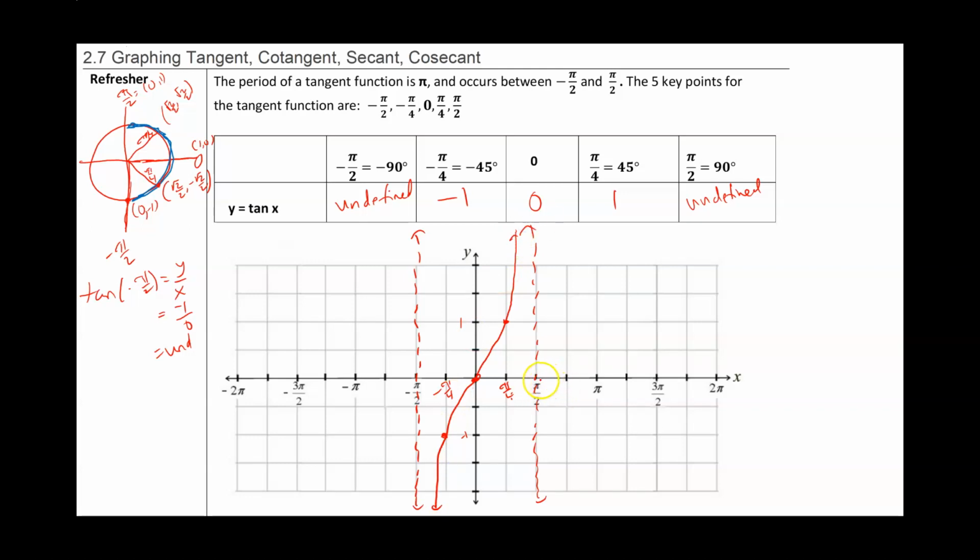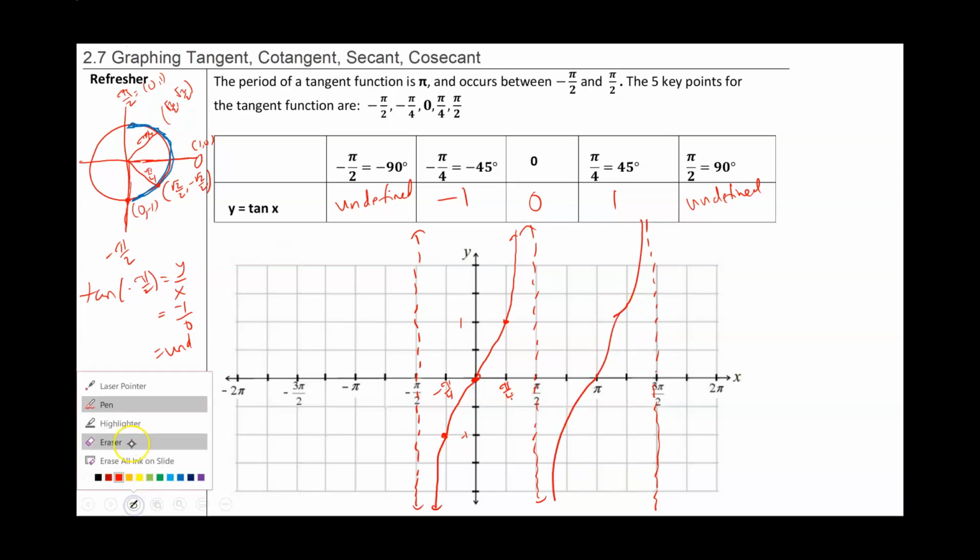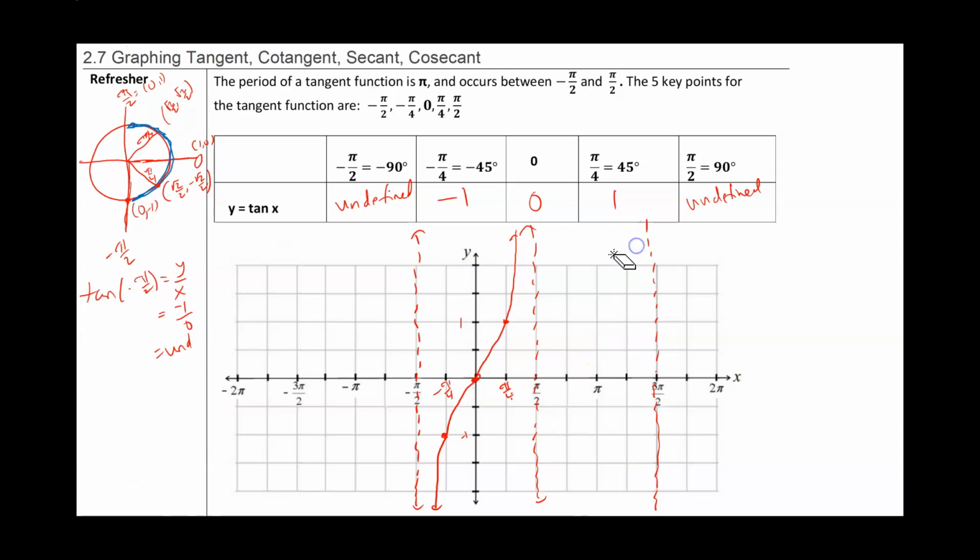So if we go pi units again, because remember, one cycle is pi units, so that'll be here. We have another asymptote, and then this will be our tangent function, something like this. And so on and so forth. And that pattern will just keep repeating infinitely. So these are the 5 key points for our tangent function.